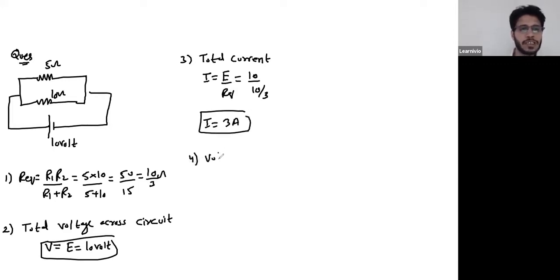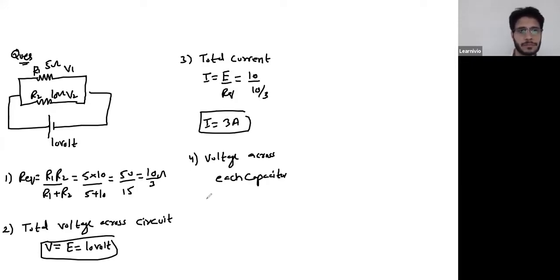Fourth, I need voltage across each resistor. How would you calculate that? Not IR, you can calculate that directly. How would you calculate voltage drop across each resistor directly without using current?